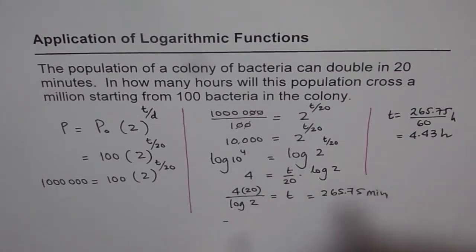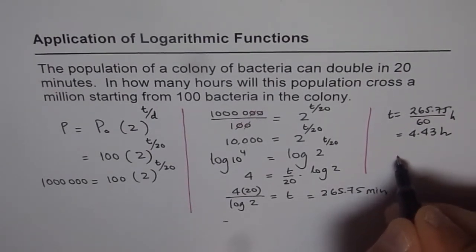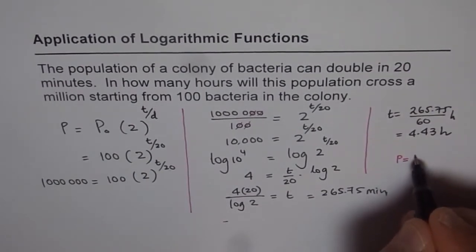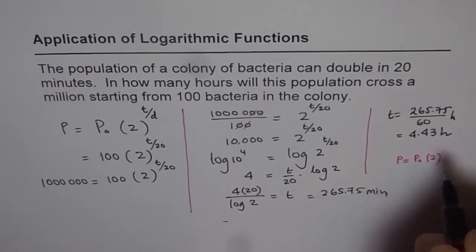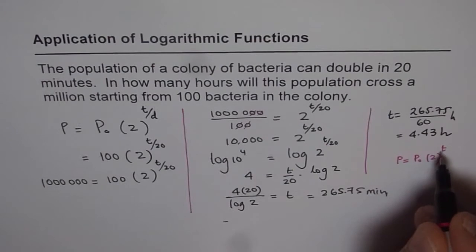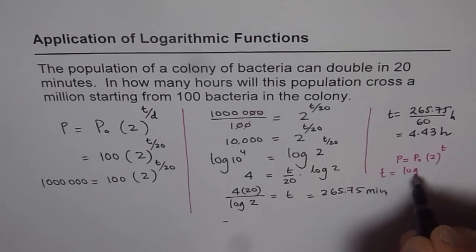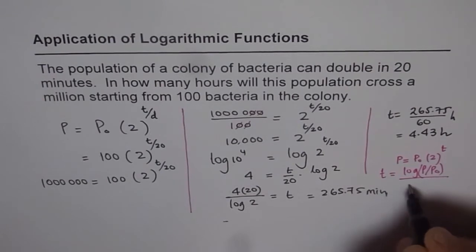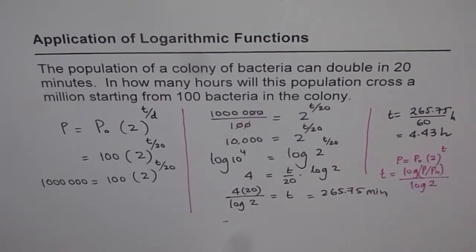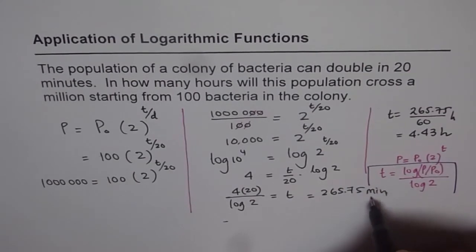So if you get an equation of the general form P equals P0 times 2 to the power of t, in that case, what is t? t will be equal to log of P divided by P0, divided by log of 2. So that in general is a formula which you can always apply and get the value of t using logarithms, right?